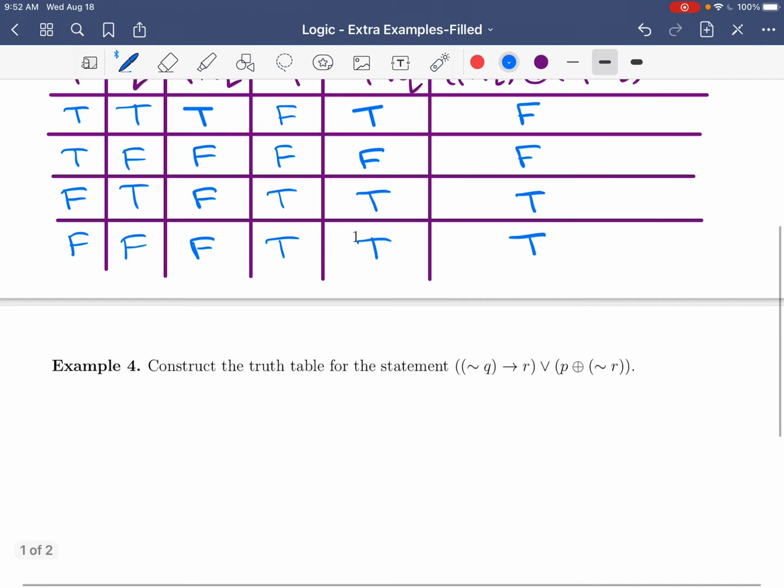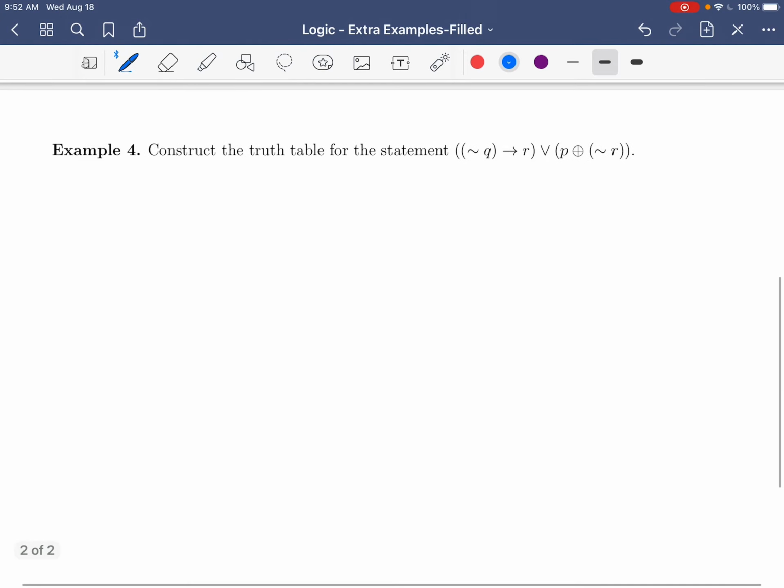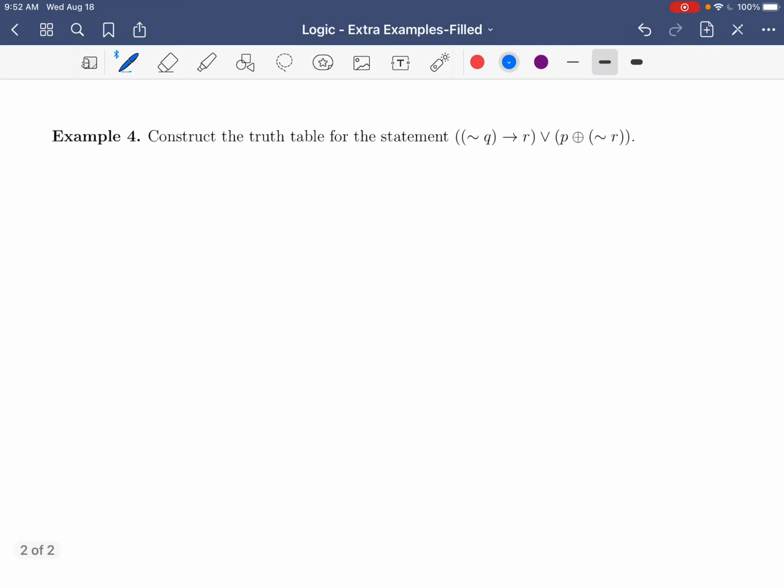Okay, just a couple more. So here I have P's, Q's, and R's. So my truth table is going to have 8 rows.